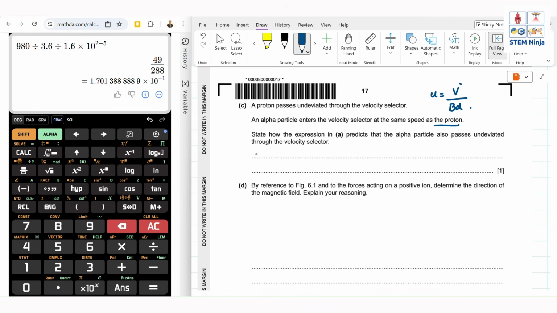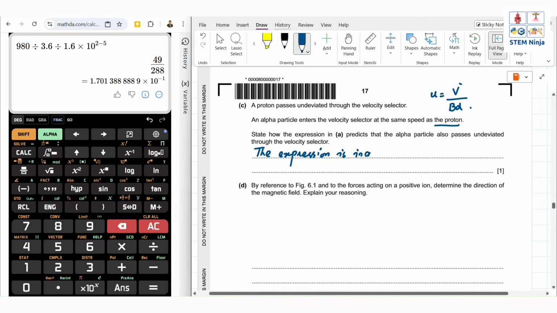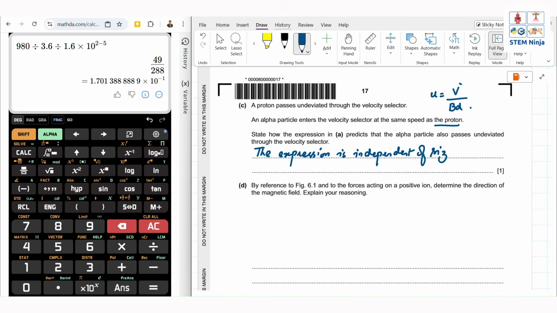So the expression is independent of magnitudes of charge and mass.